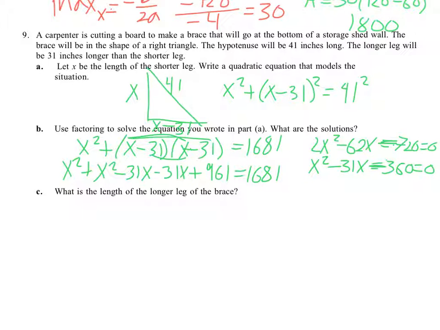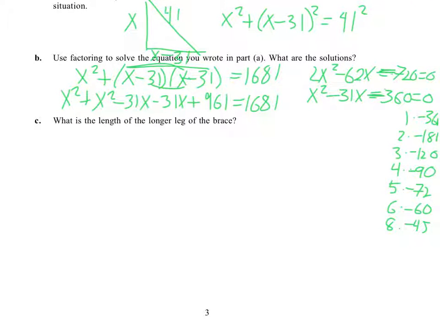Okay, I'm going to start by 1. 1 times negative 360, nope. 2 times negative 180, nope. 3 times negative 120, nope. 4 times negative 90, nope. 5 times negative 72, nope. 6 times negative 60, this will be negative 54, no. 7 doesn't work. 8 times negative 45, nope, that one doesn't work either. How about 9?